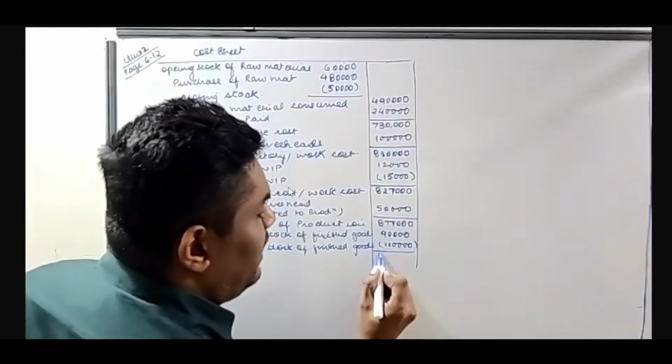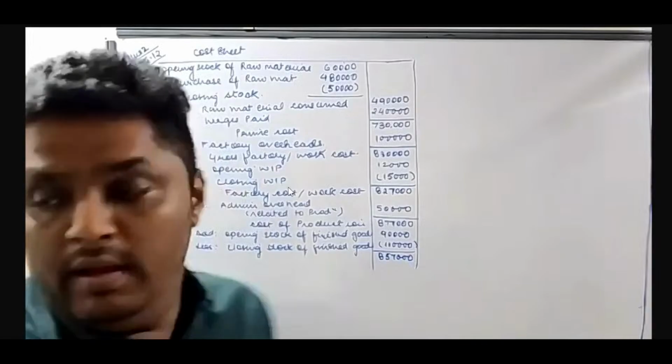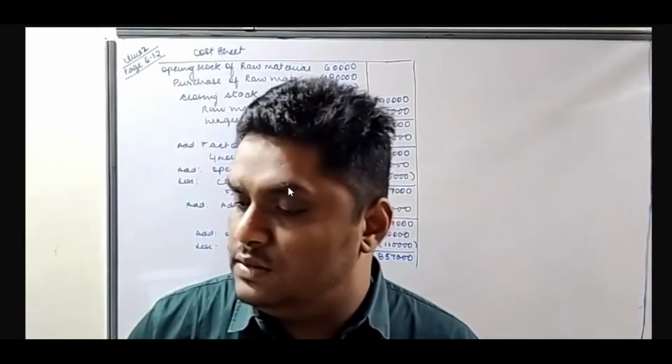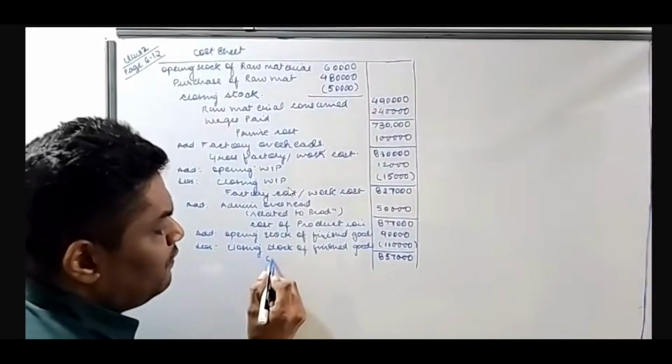So this will be 8,57,000. So this figure will be the cost of goods sold.